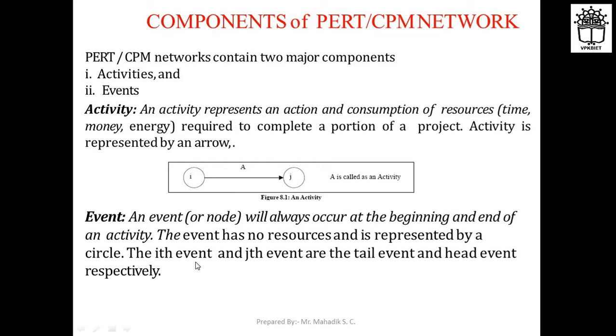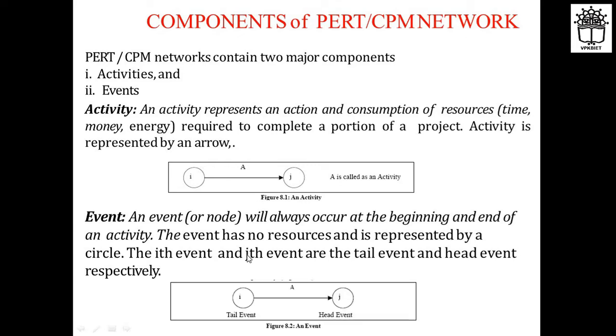The ith event and jth event are the tail and head event respectively. This i is called the tail event and this j is called the head event because the arrow is towards j. Remember that. So these are the two terms for events, head and tail event. Here in the bottom figure you can also see an event.